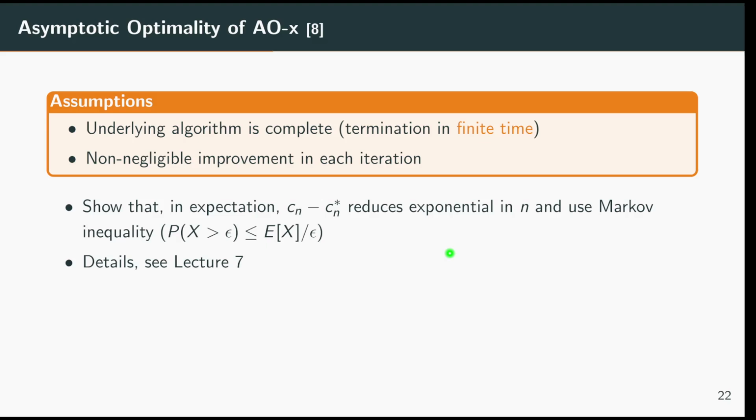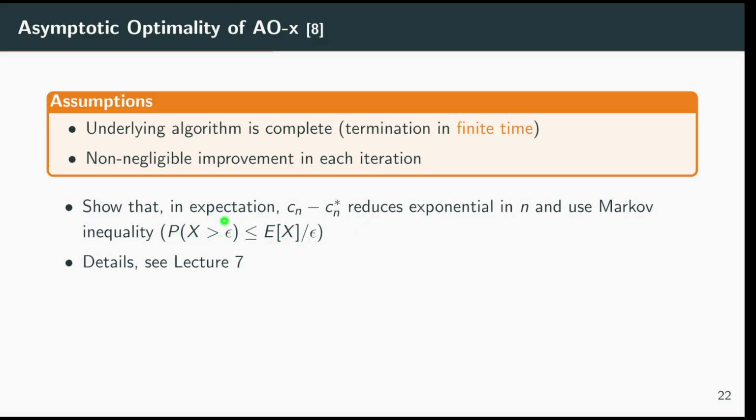Okay, and then we also looked at AOX last time already. I don't want to repeat it, but we made this assumption that the underlying algorithm is complete and that we make progress in every iteration. You did a very concrete example of that in the last exercise. And then we actually looked at the complete mathematical details two lectures ago, which were maybe 4 or 5 steps. And the idea was exactly the same.